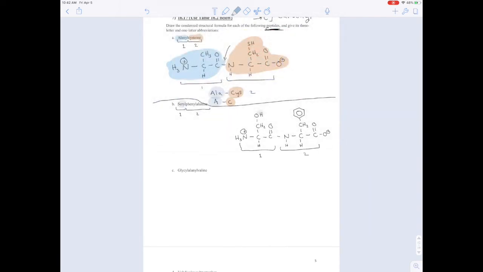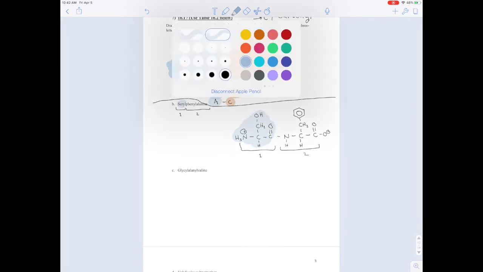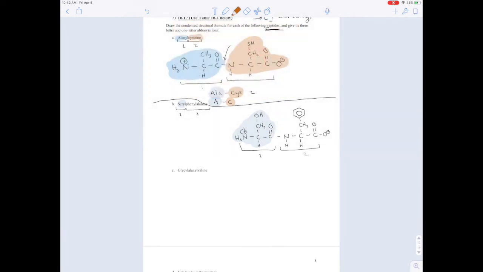Seryl is referring to this part right here, and phenylalanine is referring to this part right here. The bond that's connecting them is the peptide bond. This is a dipeptide. It's a peptide made of 2 amino acids.